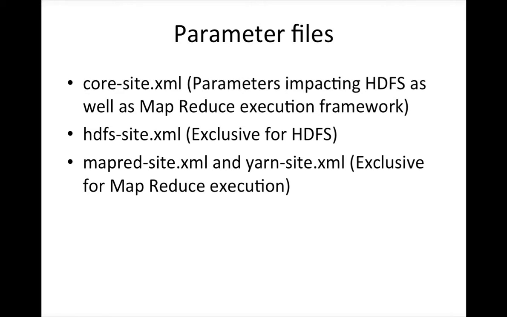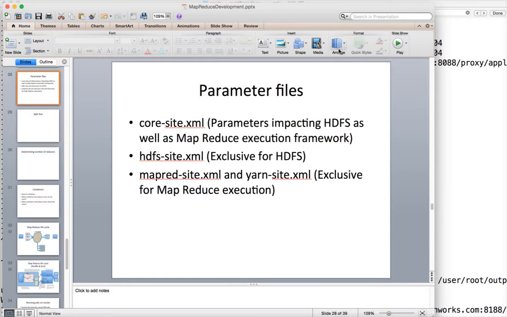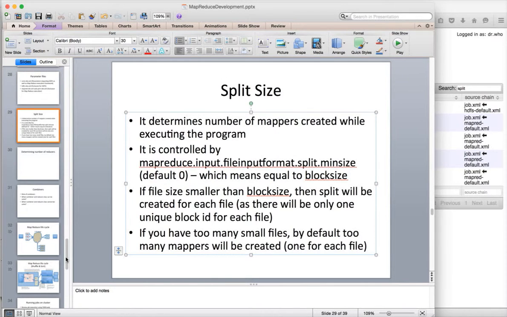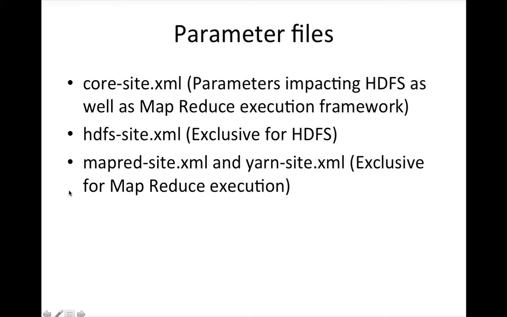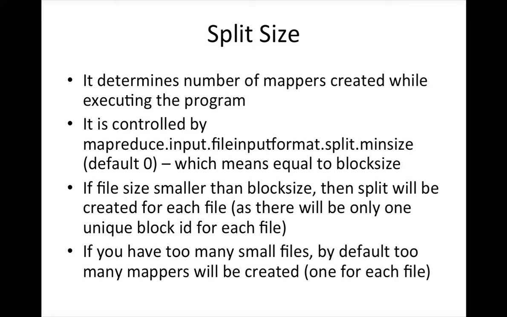That being said, we have seen the parameter files, and we have seen the details about split size as well. So I hope you understand both the parameter files, core-site.xml, hdfs-site.xml, mapred-site.xml, as well as yarn-site.xml, and also the concept of split size, because we will be using it in future.